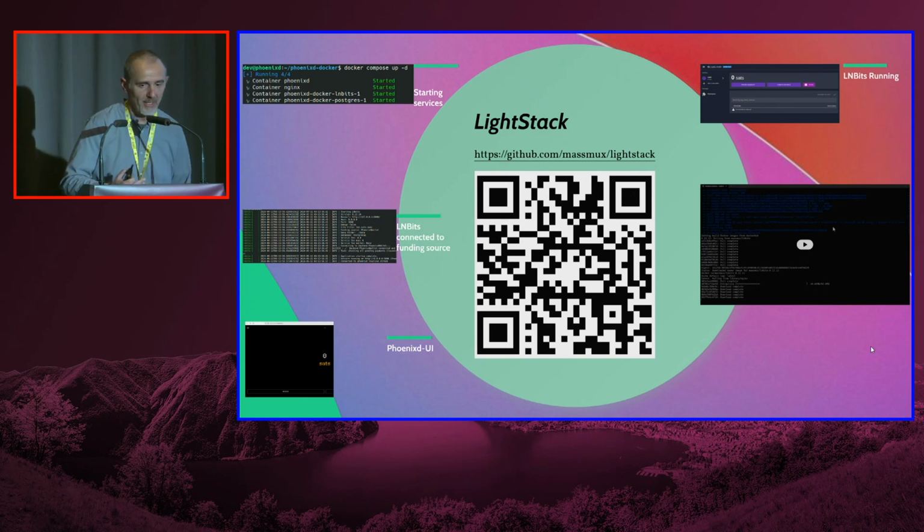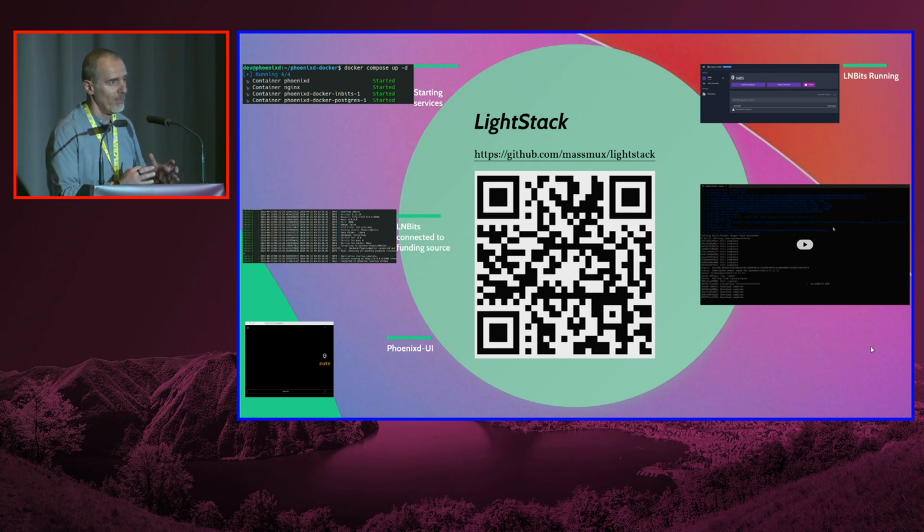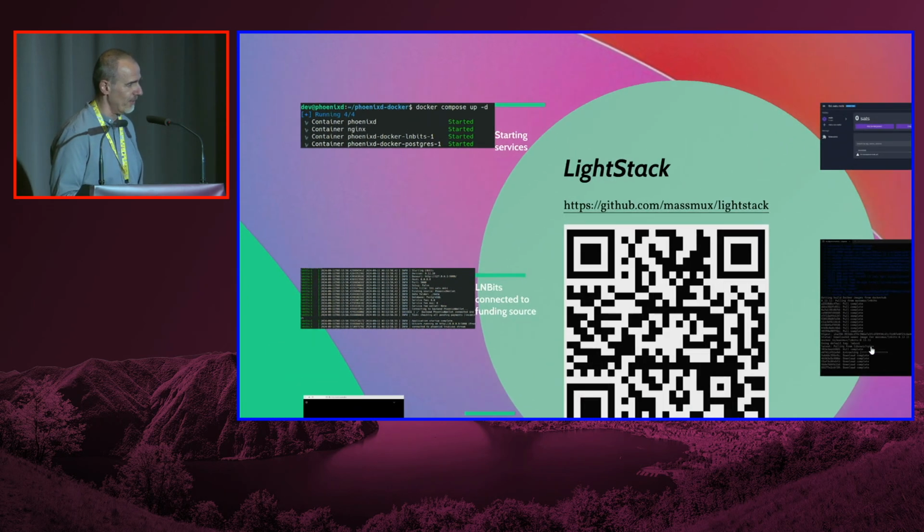So the idea is to define your own domain name and then run this script to have a full node with all the stack on it. In this way, you can have your LNbits instance up and running in a few minutes by just issuing this command. Now we will see a little bit.